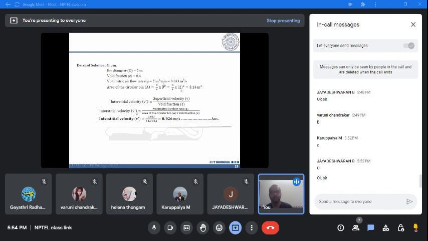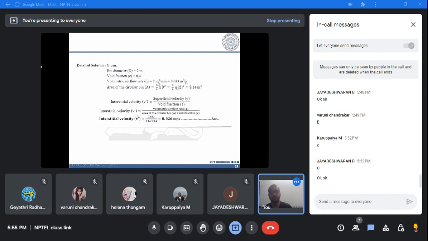So the volumetric airflow rate divided by the area of the circular bin times the void fraction. We have given all the values: volumetric airflow rate 0.033, area of the circular bin 3.14, then the void fraction, that is epsilon, 0.4.